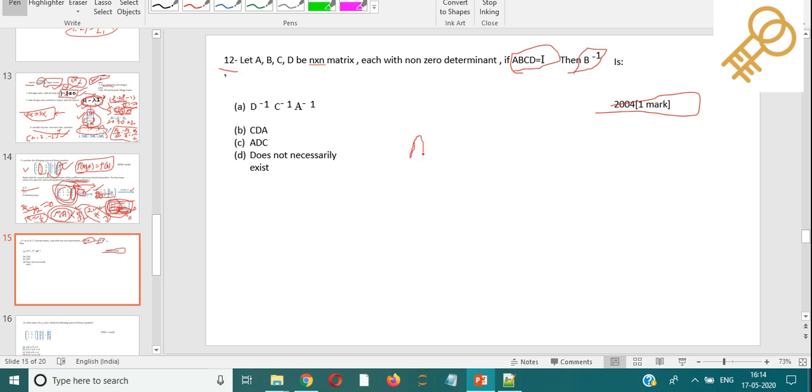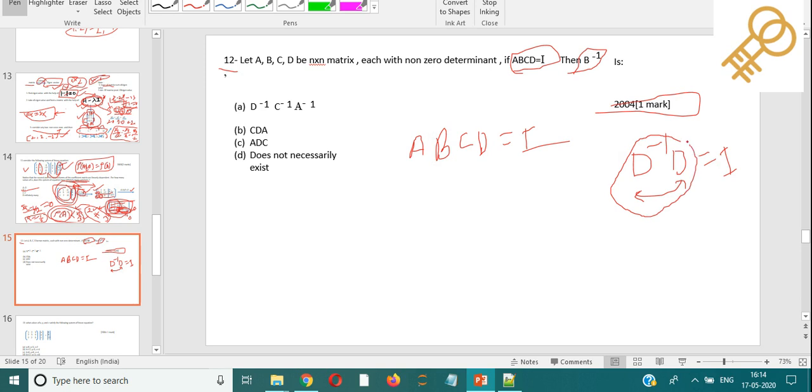We have to find B inverse. As you know, D inverse times D will always be equal to I, and if you swap and multiply, you also get the identity matrix.